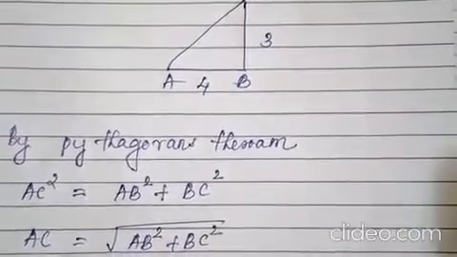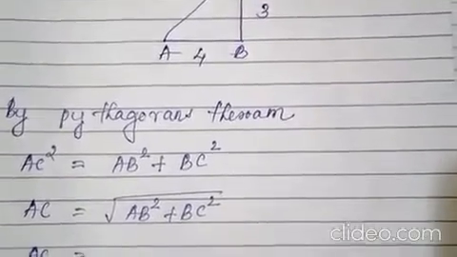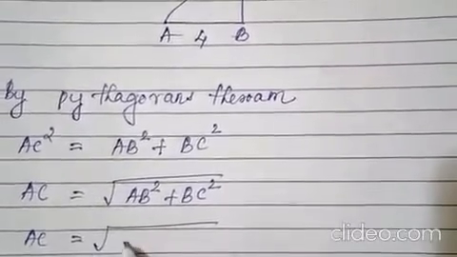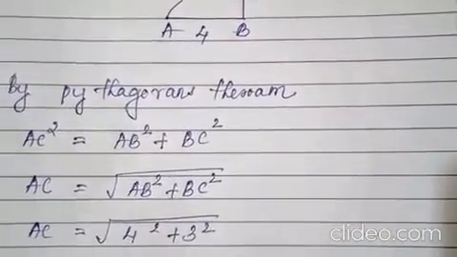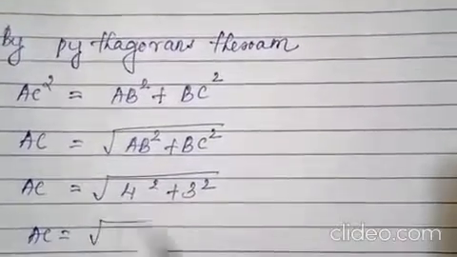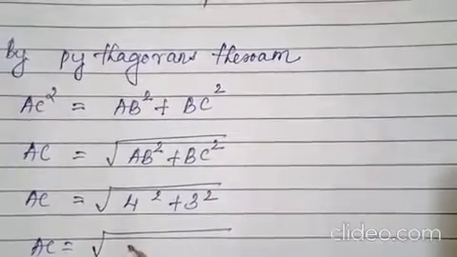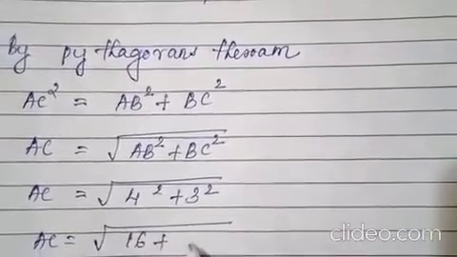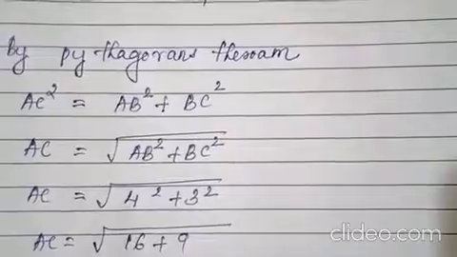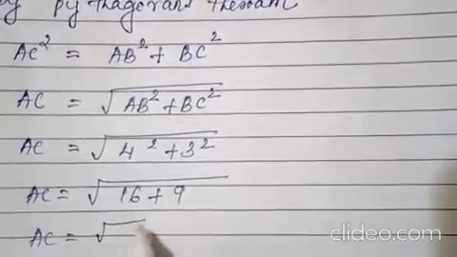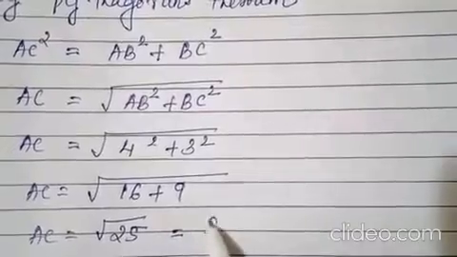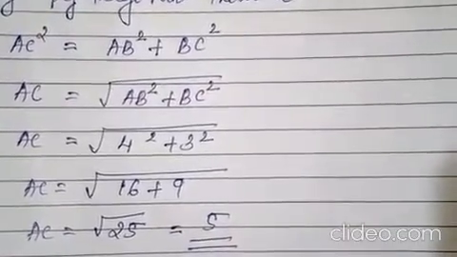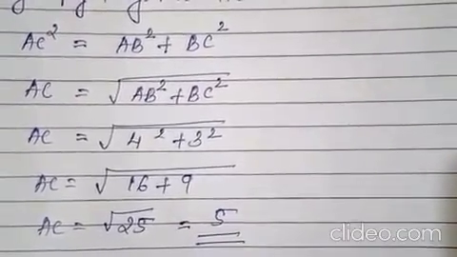AC equals root of 4 square plus 3 square, that is root of 16 plus 9. AC equals root of 25, which is 5. So we got the hypotenuse.